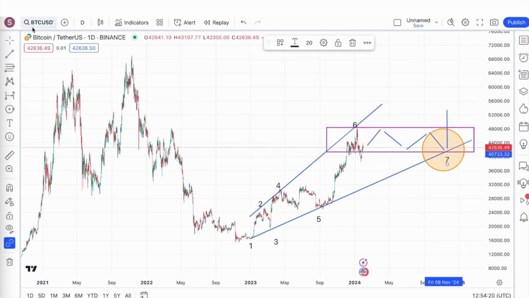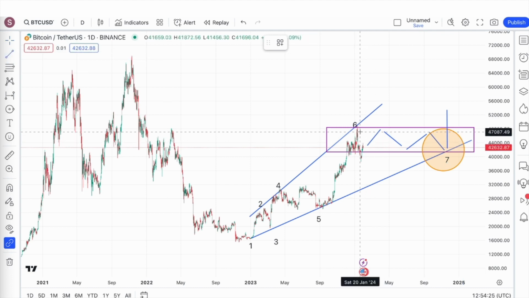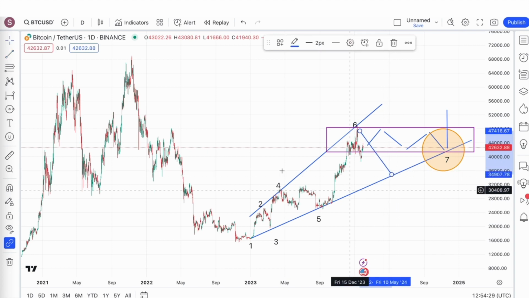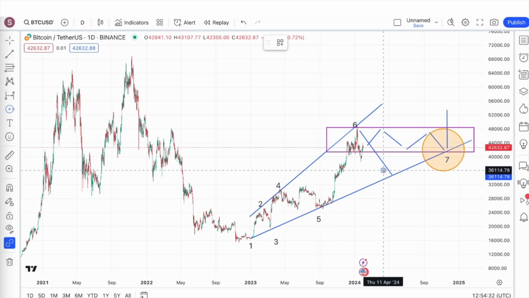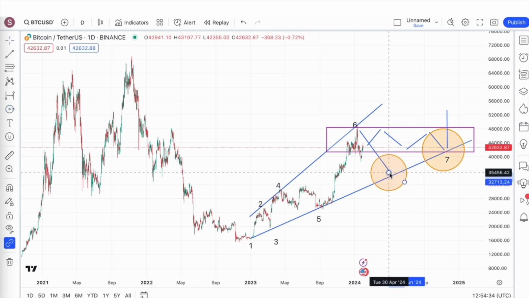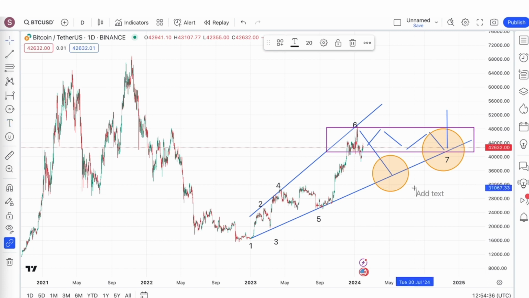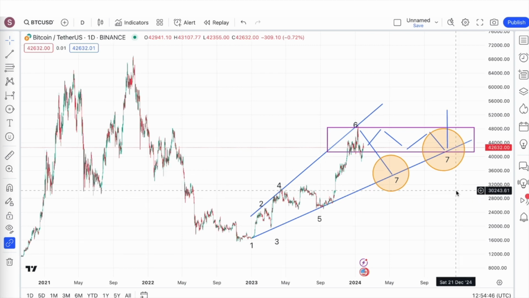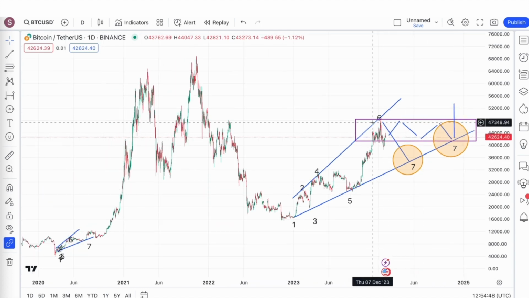Another option is for price to correct downwards towards the 35,000 level, which will complete point number 7. So this is a correction in terms of price. So it's either we are greeted by a drop in price or a time correction, a longer term correction. At any rate, your resistance for this pattern is at the 48,000 level.